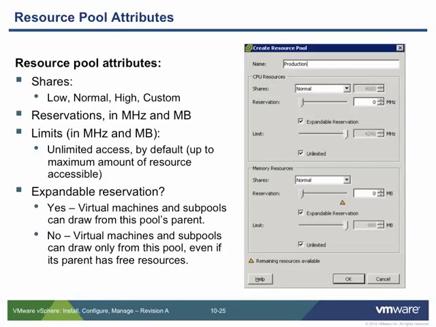And again, the reservations would be in megahertz for the CPU and in megabytes for the memory resources. And again, you can set the limits. That's just how much total this particular resource pool can use. That's the maximum that would be allowed to be used. And then you can set unlimited as well if you just want to make it go forever.